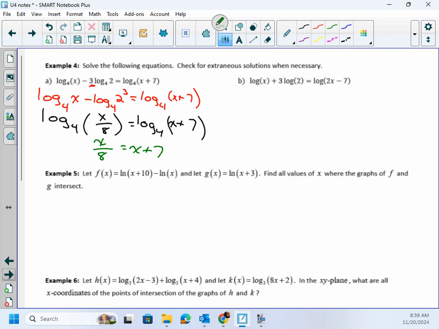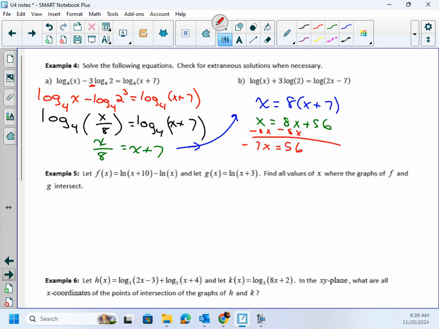And I'm going to solve this by multiplying both sides by 8. x equals 8 times x plus 7, or x equals 8x plus 56. Negative 7x equals 56. Divide by negative 7. x equals negative 8.